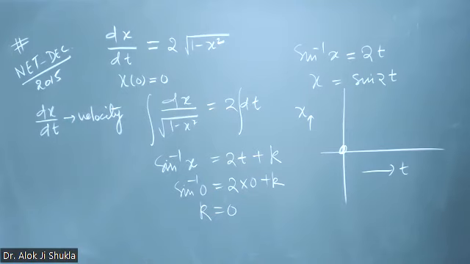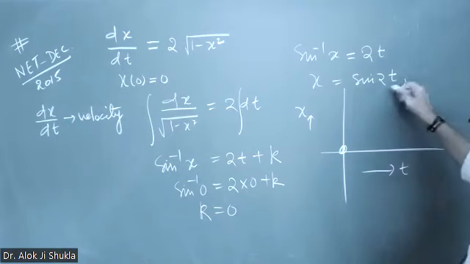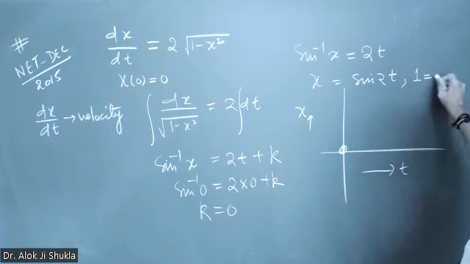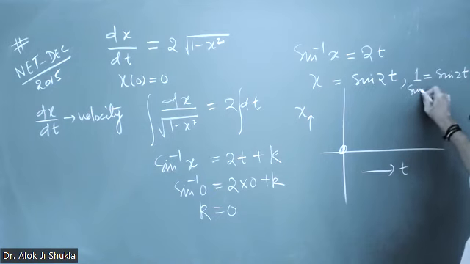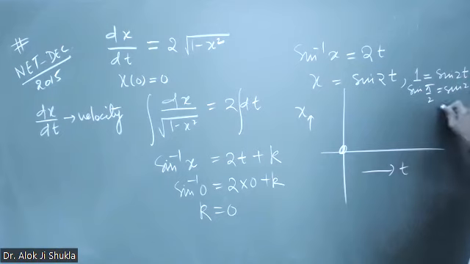Correct? So you can only have x is equal to 1, which is sine 2t. That means sine pi by 2 is equal to sine 2t. That means t is equal to pi by 4. Is it correct?